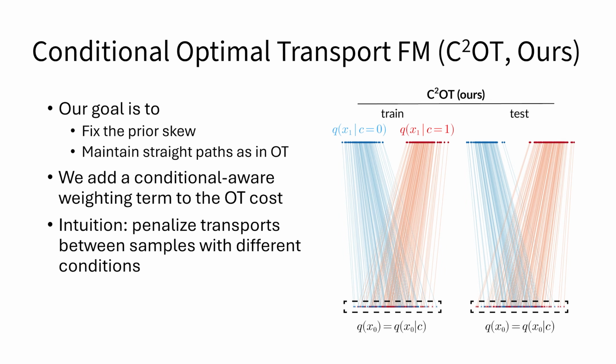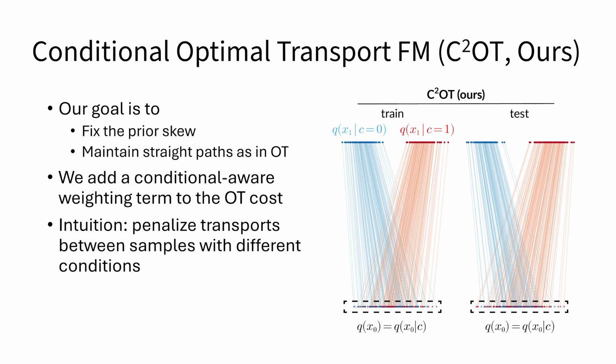To address this issue, we propose conditional optimal transport flow matching, or C2OT. Our goal is twofold. First, we want to fix the prior skew of optimal transport. At the same time, we want to maintain the straight path as induced by optimal transport to obtain efficient inference.